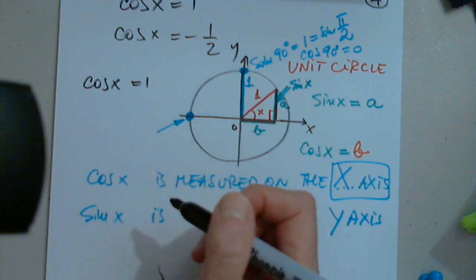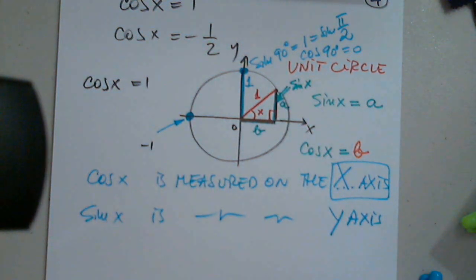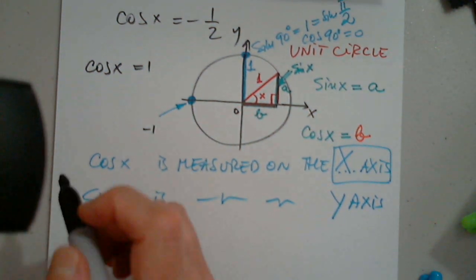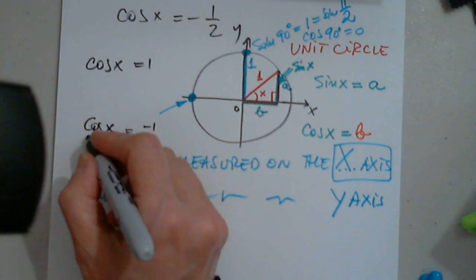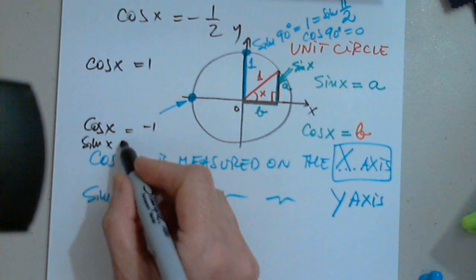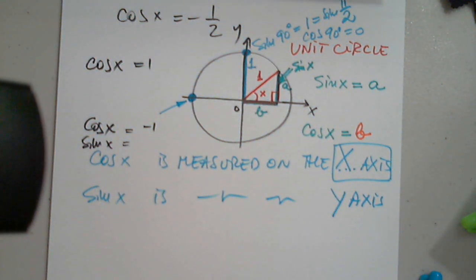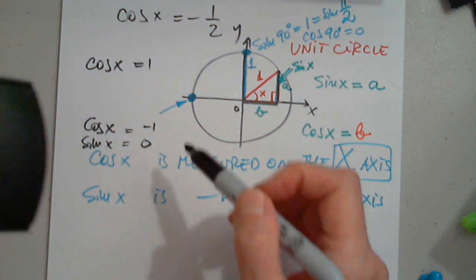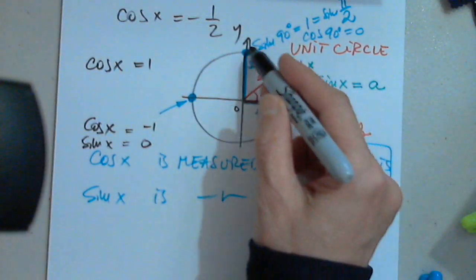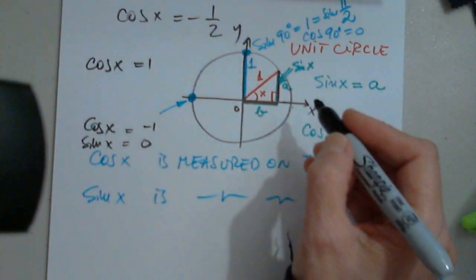Cosine x is -1. Very good. How much is sine x for this point? 0. Excellent. So see, you already know all these corners now, so to speak.